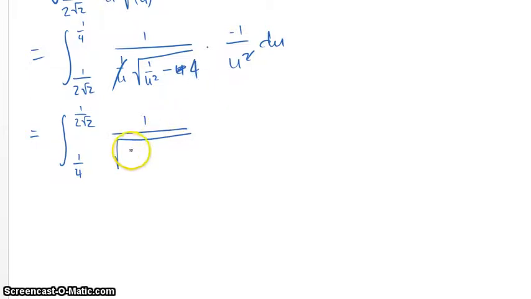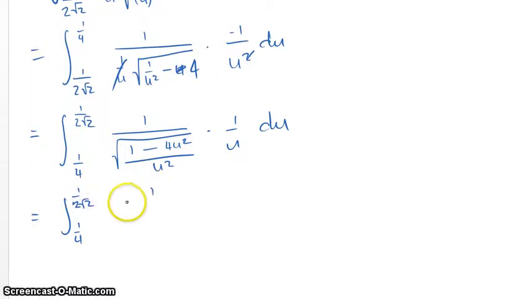So this is the square root of 1 minus 4u squared over u squared, times 1 over u squared du. And of course the u squared, I can bring out of the square root sign. Then this and this will cancel.